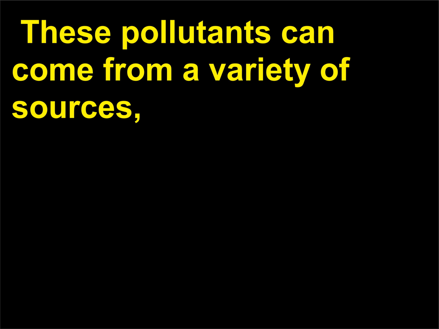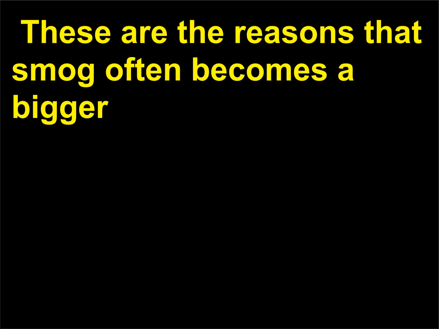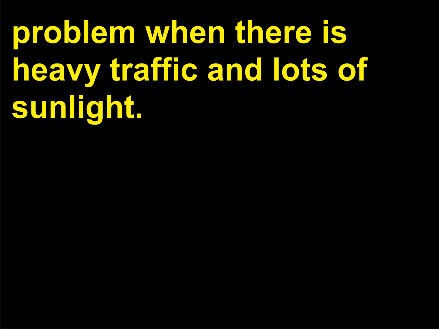These pollutants can come from a variety of sources, but in urban areas, a large quantity usually comes from motor vehicles. These are the reasons that smog often becomes a bigger problem when there is heavy traffic and lots of sunlight.